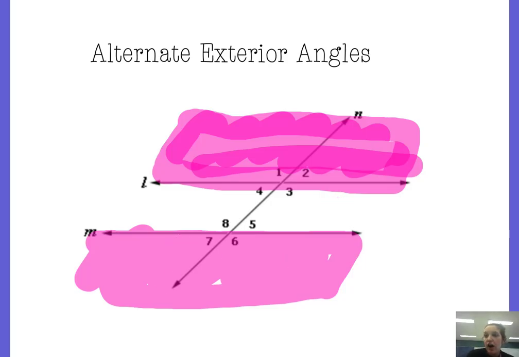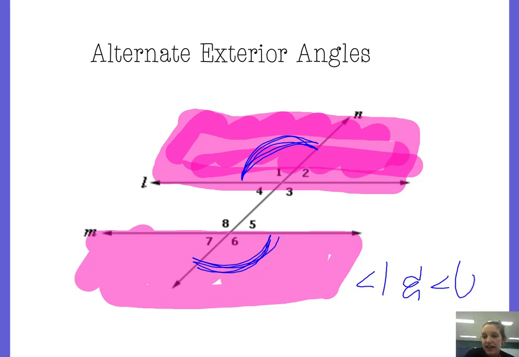And if they're alternate, it means they're on opposite sides of the transversal. So if I'm talking about angle 1, which angle is on the opposite side of the transversal? 6. 1 and 6 are both exterior angles that are on opposite sides of the transversal. So angle 1 and angle 6 are alternate exterior angles.